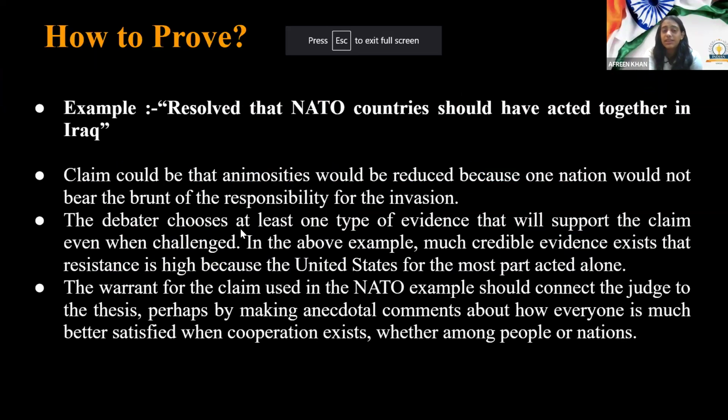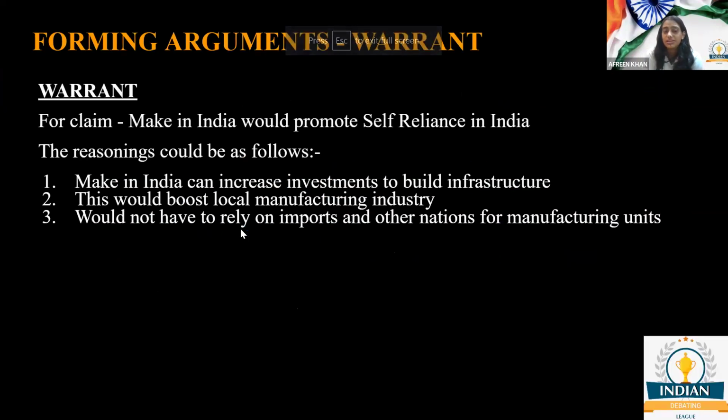Then how do you prove things? The way you prove things is by warrants. So let's say your claim is Make in India would promote self-reliance in India. Your warrant is the reasoning. Reasoning one is Make in India can increase investments to build infrastructure. Reasoning two is this would boost the local manufacturing industry. Reasoning three is that India would not have to rely on imports and other nations for manufacturing.